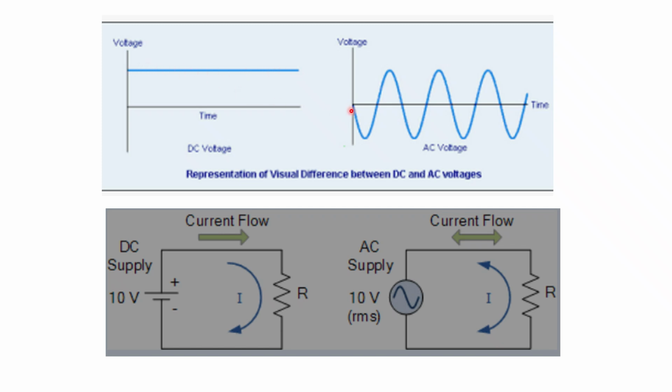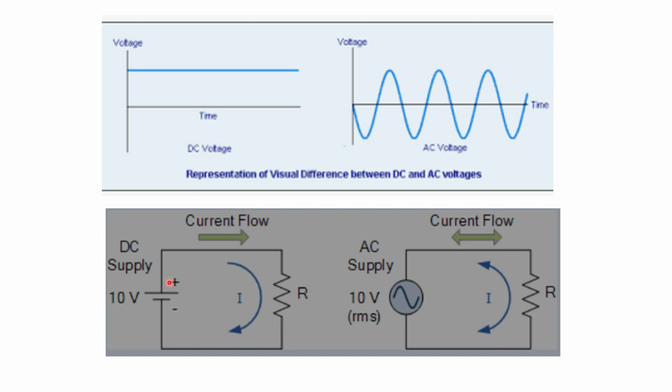In case of AC, the voltage fluctuates in a sinusoidal waveform. This is a sinusoidal waveform. So this is the time versus voltage curve of AC. This is the time versus voltage curve of DC.